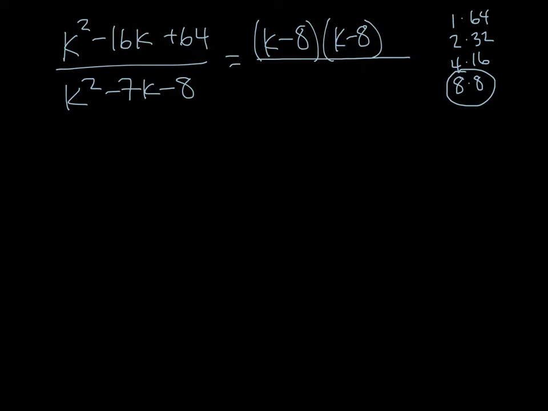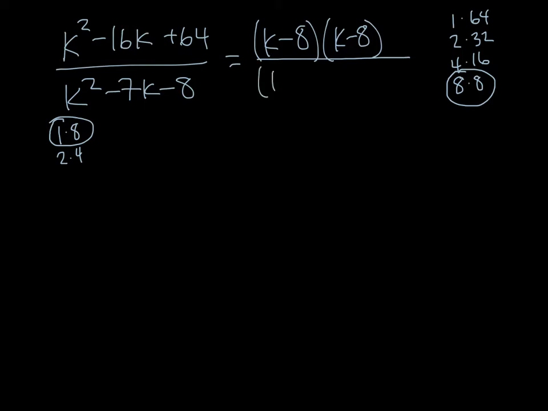For the denominator, we're going to look at this right here. We're going to look at the 8. And what can 8 be broken down into? Well, 1 times 8, 2 times 4. I think that's all we're going to get on that one. So what can be added or subtracted together of these pairs to get me a minus 7? Well, I think my winner is going to be the 1 and the 8, because I can do a minus 8 and a plus 1.